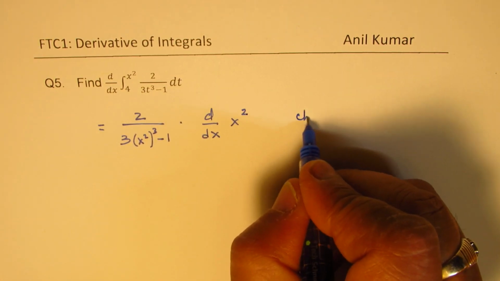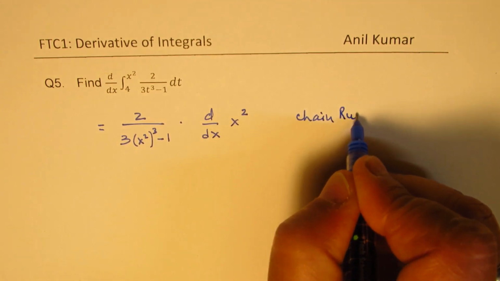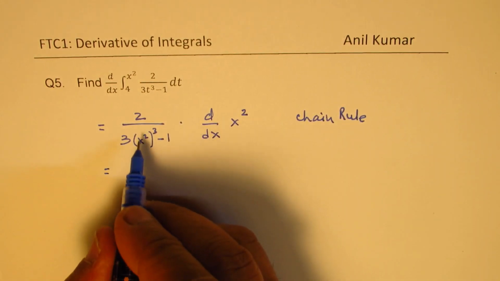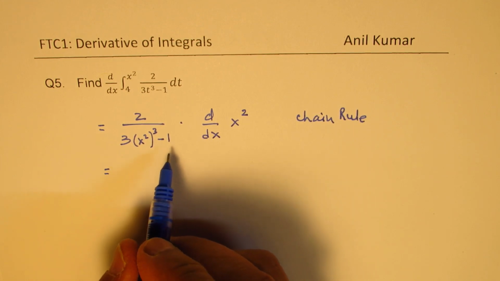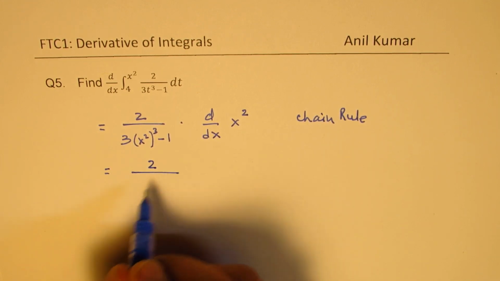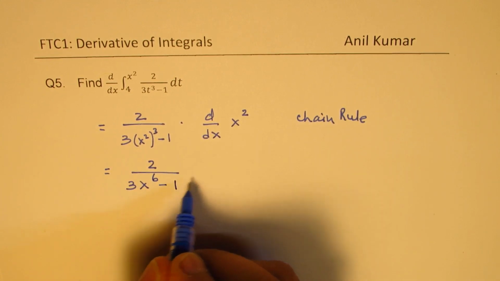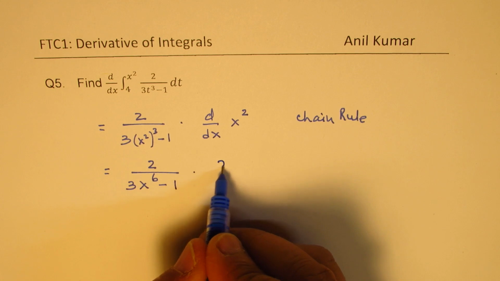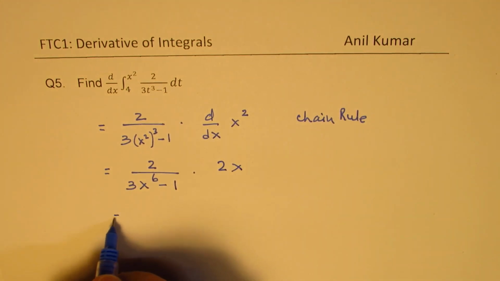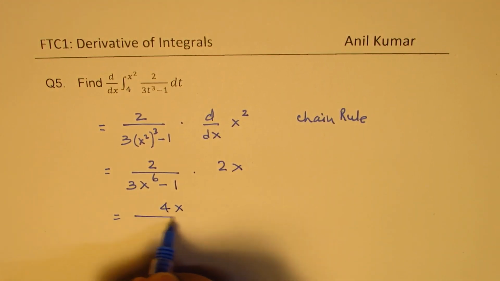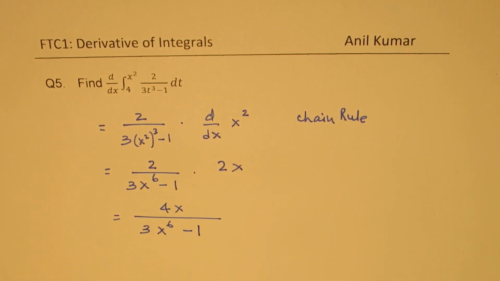So you need to apply the chain rule here. What we get is 2 over 3 x to the power of 3 times 2, which is 6, minus 1, times 2x. Is that clear? So we get 4x over 3 times x to the power of 6 minus 1. Correct? So that is how we are going to solve this particular question. I hope the steps are absolutely clear.